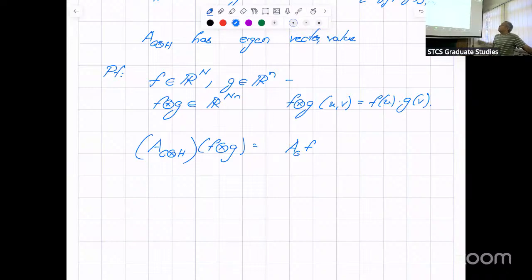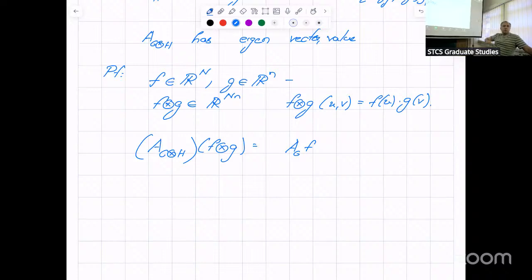Because it's an Nn-dimensional space, I'm indexing it with a pair of coordinates, one going from 1 to capital N, the other going from 1 to small n.